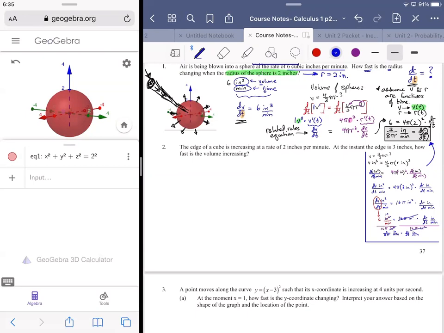But that's our solution, 3/8 pi inches per minute. Number two, and I made that a lot more complicated than it needed to be because the actual solution is take the derivative, throw some numbers in and get an answer. But I've taught it that way before.